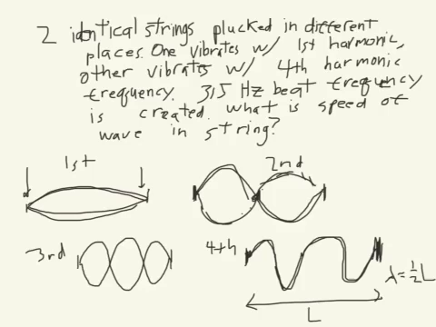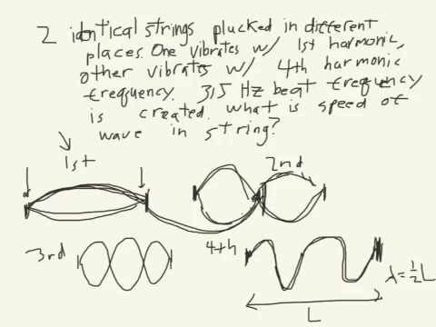And then if we look at the fundamental, the first harmonic over here, we can see that this standing wave here is equivalent to half a wavelength within the length of the string, because it comes up and then it also needs to go down and come back up to be a full wavelength.